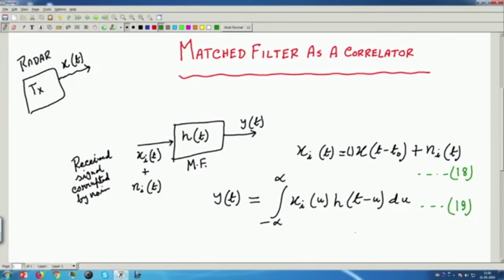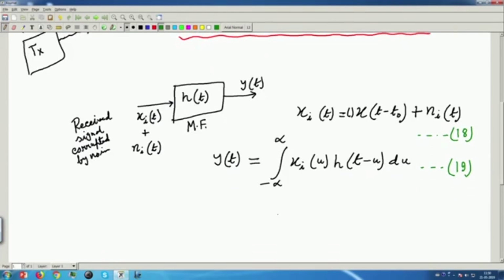Now we know the matched filter. Please refer to equation 15 where the matched filter was given; that was the causal matched filter.